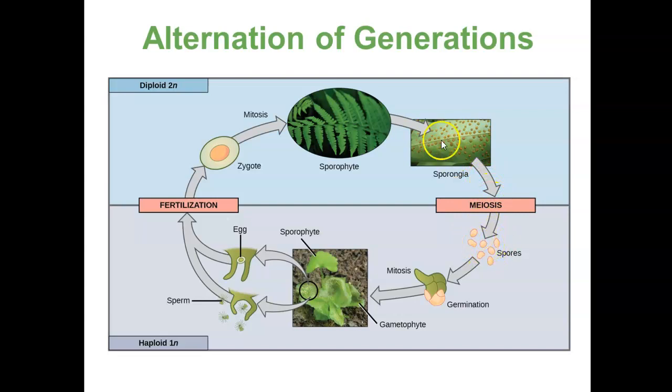But instead of these being gametes, they are spores. And we produce this entire multicellular haploid thing from a spore, and then it, in turn, produces haploid gametes that fuse together to recapitulate the life cycle. So that's alternation of generations. And the big difference here is that we've got mitosis in the haploid stage, and we have mitosis in the diploid stage.